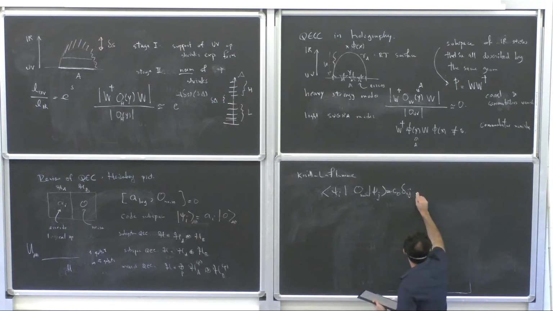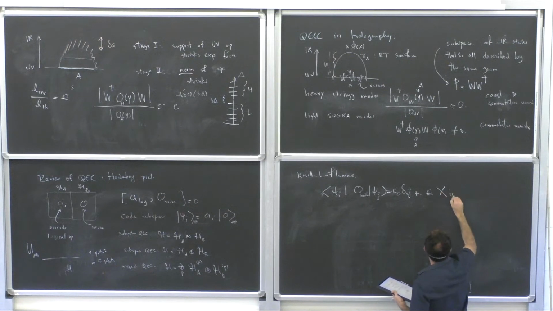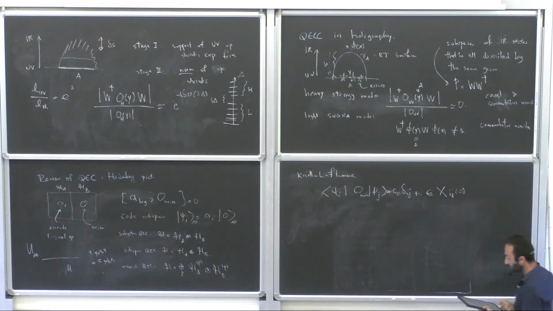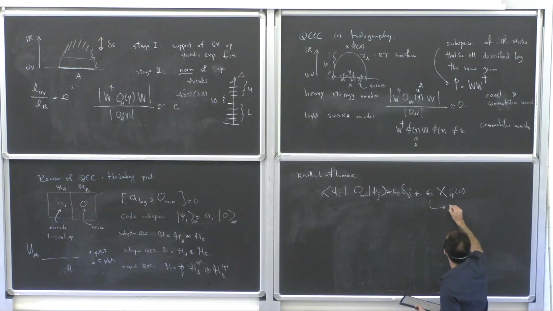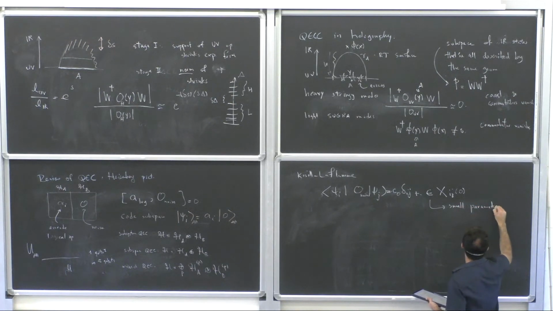That is simply by saying that this is correct up to some epsilon, where the coefficient depends on O as well. This is some small parameter that controls how good an approximate error correction code is.